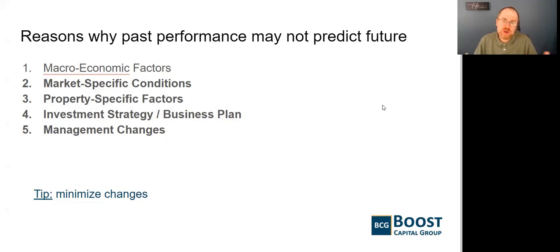And if you look at a very different business plan, such as a heavy value add, where for instance the deal is not stable and there's low occupancy and a heavy rehab to be done, you have to take bridge debt. Again, we just discussed that earlier during the macroeconomic factors.